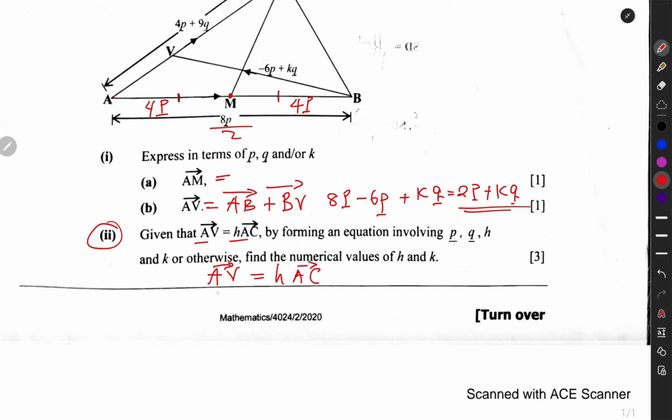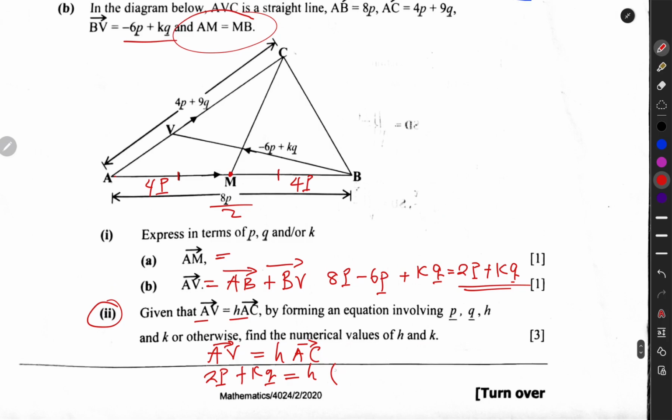Now, AV we found is 2P plus KQ, equal to H times AC. What is AC? AC is the whole of that, which is 4P plus 9Q.